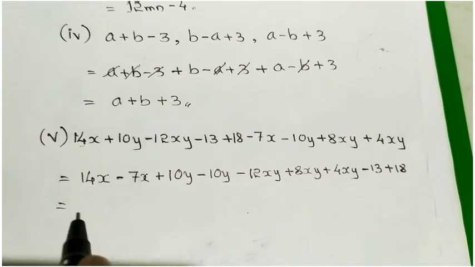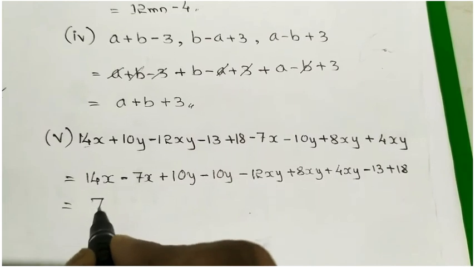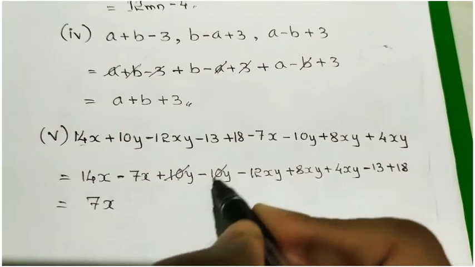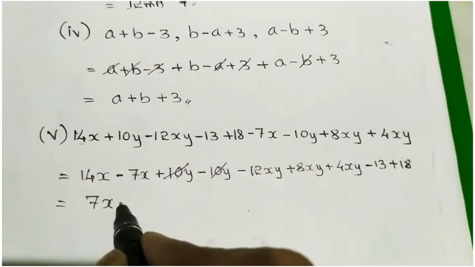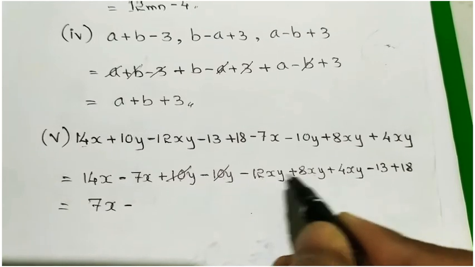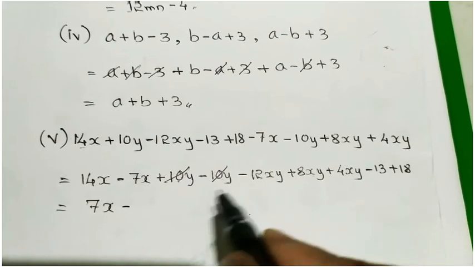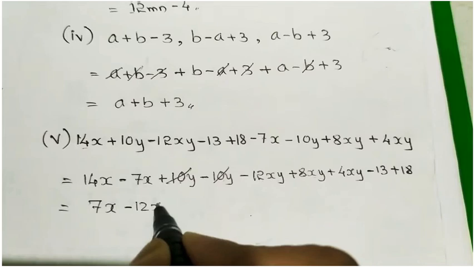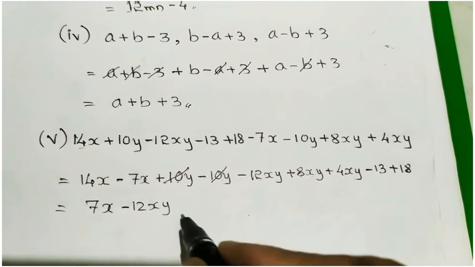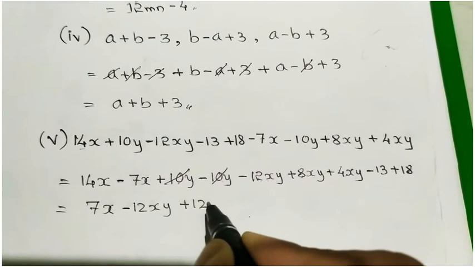Now 14x minus 7x, here directly we will get 7x. Plus 10y minus 10y get cancelled, 0. Next here, minus 12xy plus 8xy. So do one thing: first you write the negative 12xy and positive 8xy plus 4xy, it gets plus 12xy.